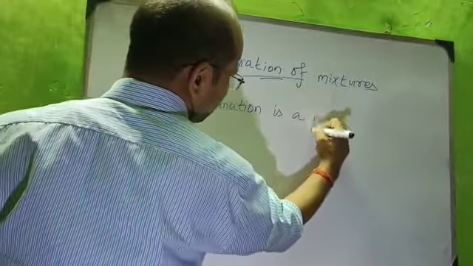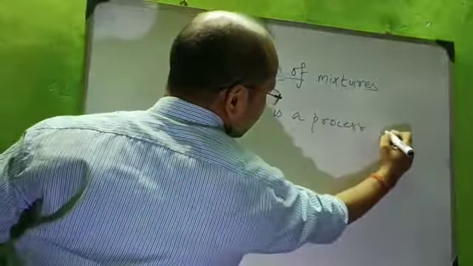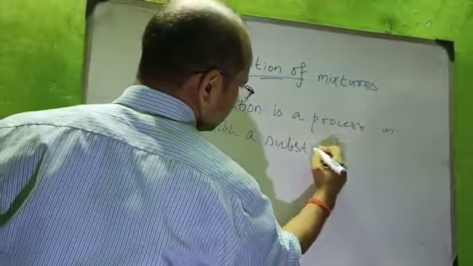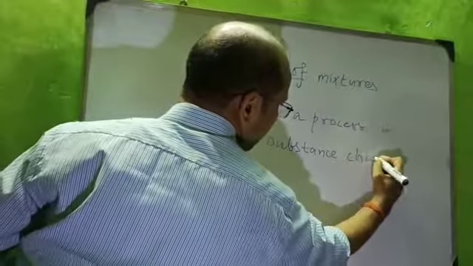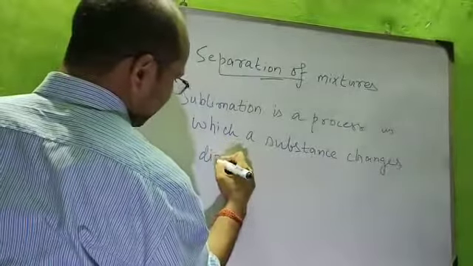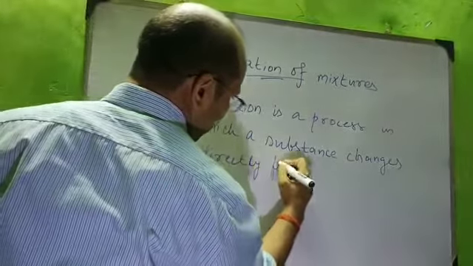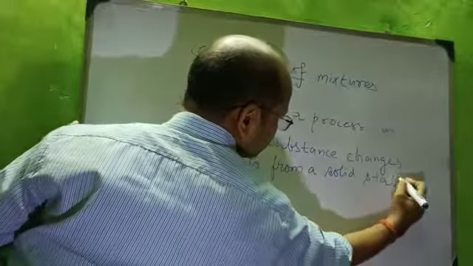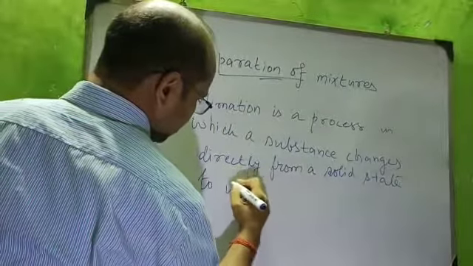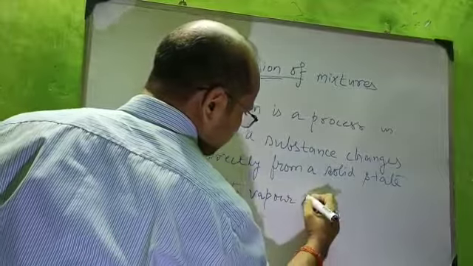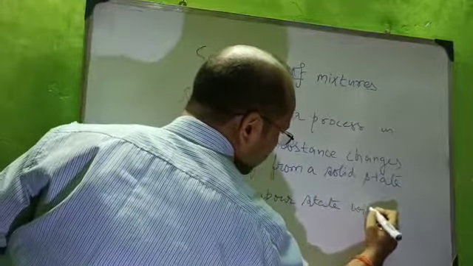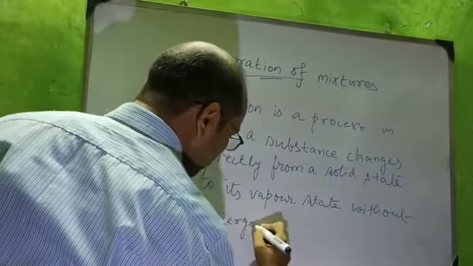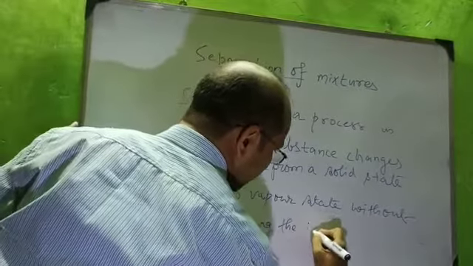Sublimation is a process in which a substance changes directly from a solid state to its vapor state without undergoing the intermediate liquid state.